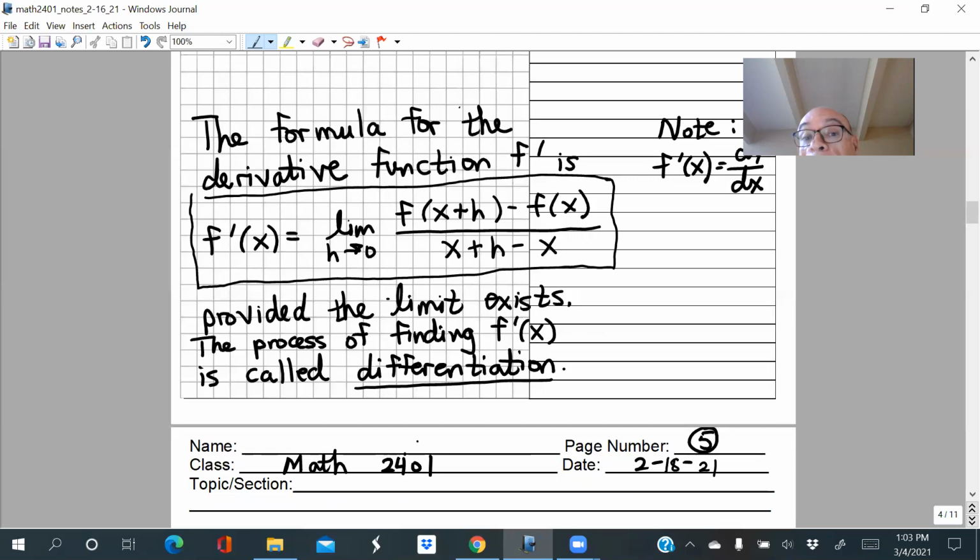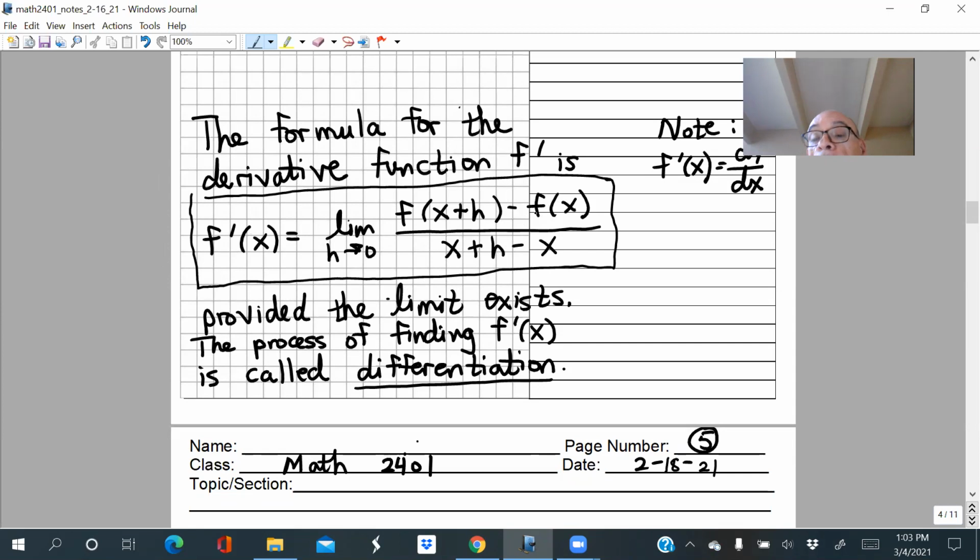Now we're going to exploit that idea of using these so-called derivative functions to quickly compute instantaneous rates of change. However, remember, there is a little work involved in finding this derivative function because we have to evaluate this limit, and that did take some algebra. That wasn't cost-free.